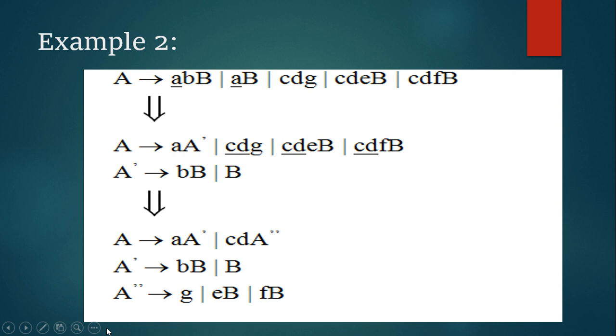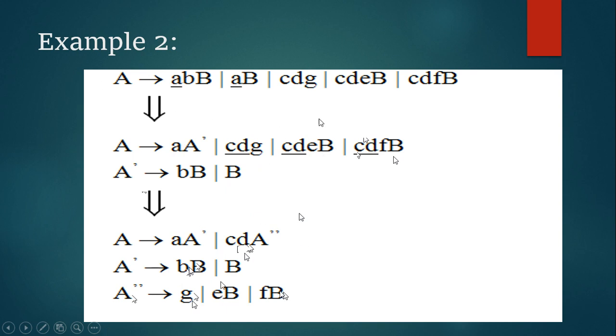So we write CD as it is, followed by a new non-terminal A double dash, to represent G, EB and FB. So A dash represents B capital B or B, and A double dash represents G or EB or FB.